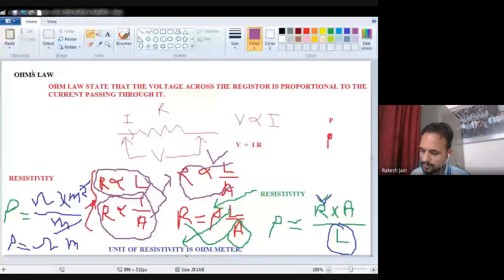Wait for a while. Yes, we want to do some numericals. Let's suppose we begin our journey with Ohm's law. So this is a numerical for you.